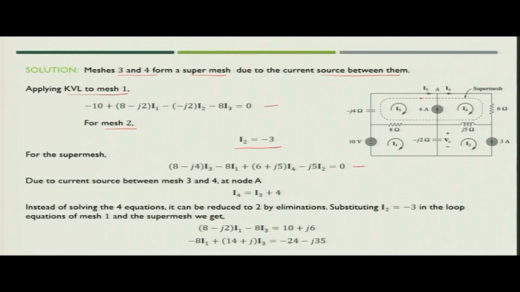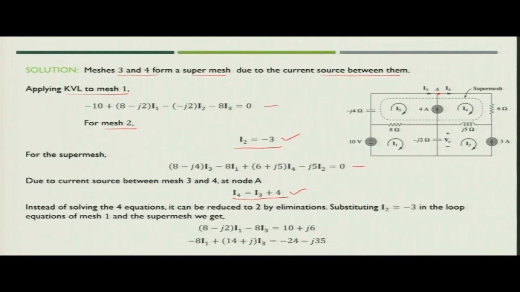And now, if you apply KCL at this node, what you will get? You will get I4 is nothing but I3 plus 4. So, now we have 4 equations. So, using I2 value and the value of I4, we can put these two values in these two equations and simplify.